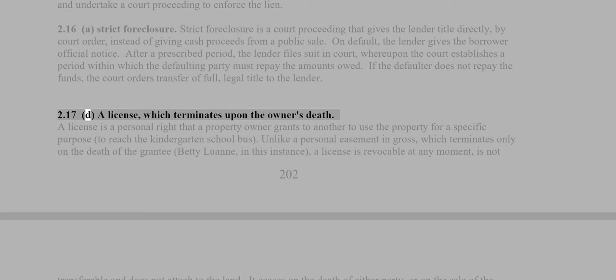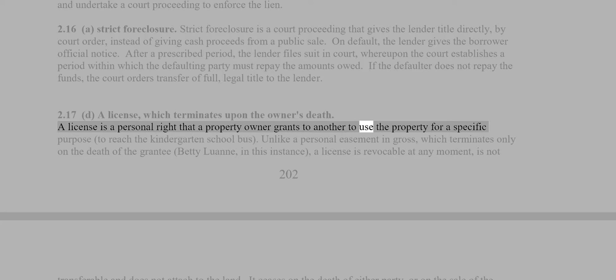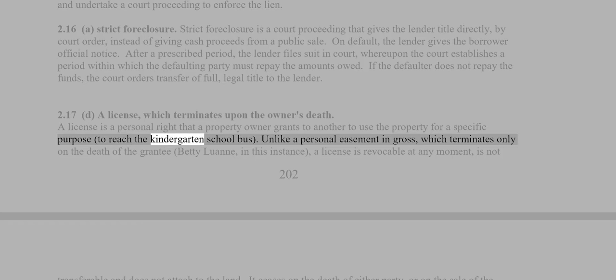2.17 D. A license, which terminates upon the owner's death. A license is a personal right that a property owner grants to another to use the property for a specific purpose, for example, to reach the kindergarten school bus.